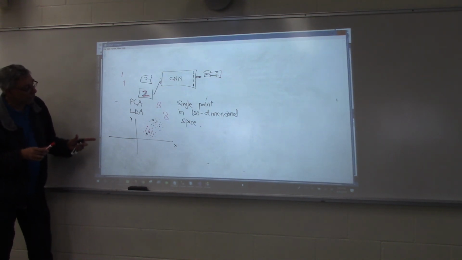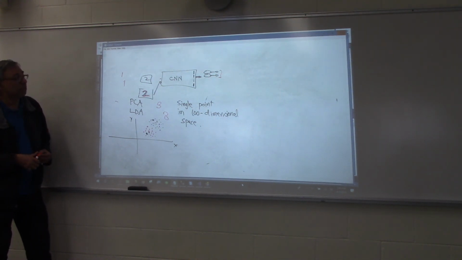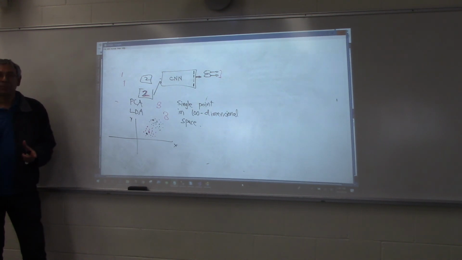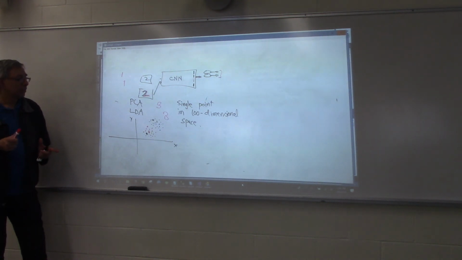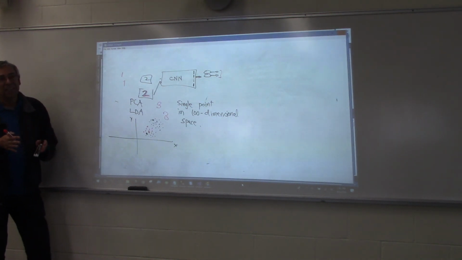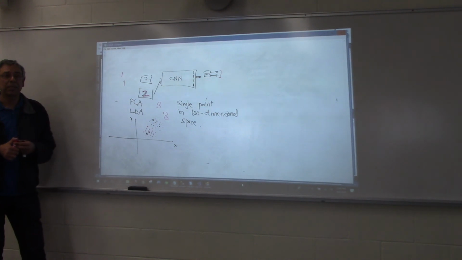Now I have a question more for those of you in the computer vision class, where we just discussed the LDA algorithm. What was the goal of LDA? Did it classify? If data belongs to dissimilar groups, what does it do?